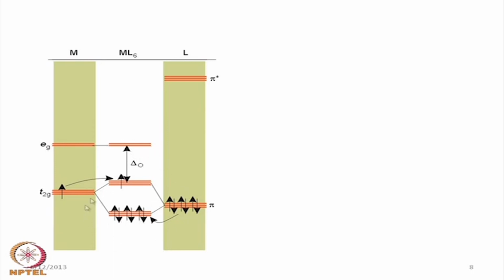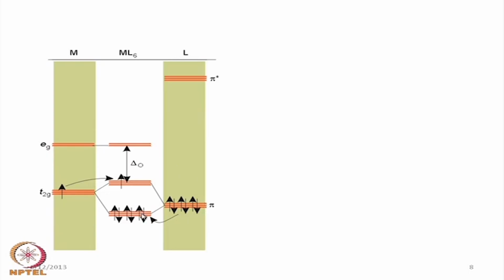So, now when we go for the pi interactions, this particular level is the ground state level and your Eg star level is utilized as the lower LUMO level, and that LUMO level can accept the electron from the T2g antibonding level after pi bonding interaction.